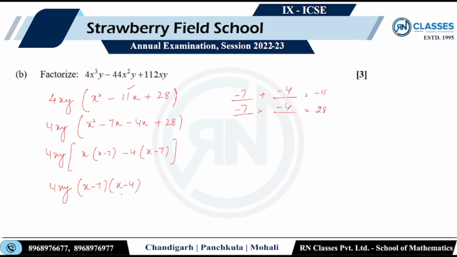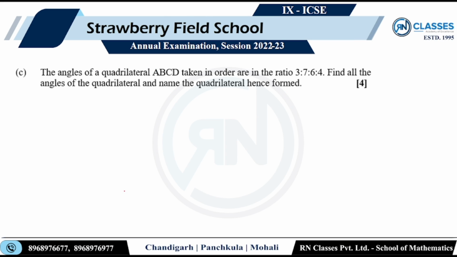That's it. Next part. The angles of a quadrilateral ABCD taken in order. Find the angles of the quadrilateral and name the quadrilateral hence formed. Okay. अब quadrilateral के angles, let the first angle be 3x, second angle be 7x, third angle be 6x, and fourth angle be 4x. सबका sum, I'll use angle sum property, which is nothing but 360.